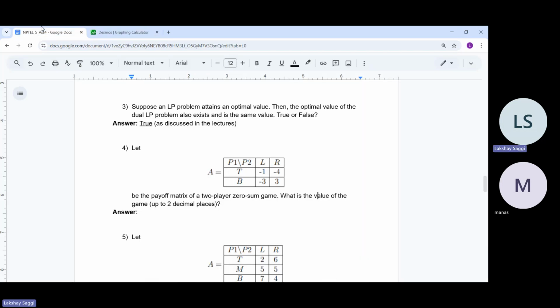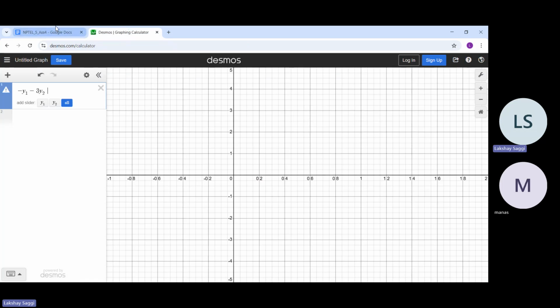What this essentially means is that if y1 equals 0, then the payoff for the first column will be minus 3. And if y1 equals 1, then the payoff will be minus 1, right? So how should I write this up?